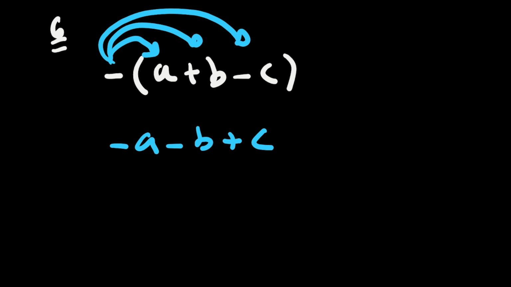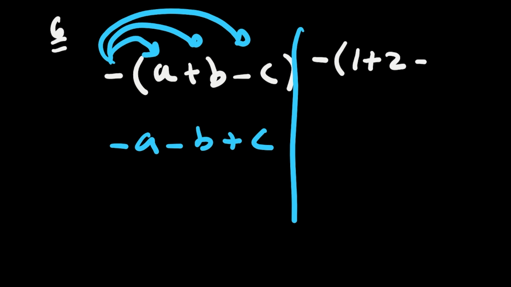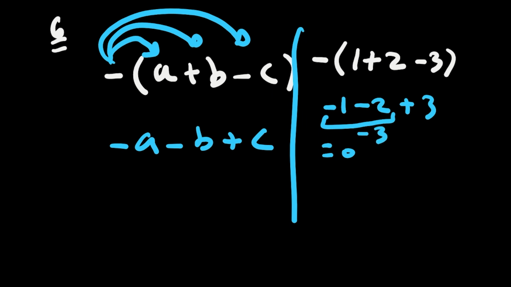We can see an example. When we have minus 1 plus 2 minus 3, it's nothing but minus multiplied by 1 is negative 1, minus multiplied by positive 2 is negative 2, minus multiplied by negative 3 is a positive 3. So when we are summing these terms, we will get 0. Minus 1 minus 2 is minus 3, and minus 3 plus 3 is 0.